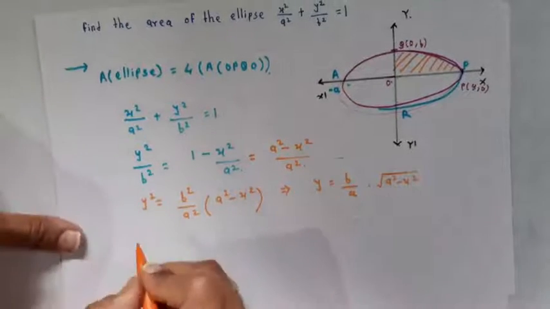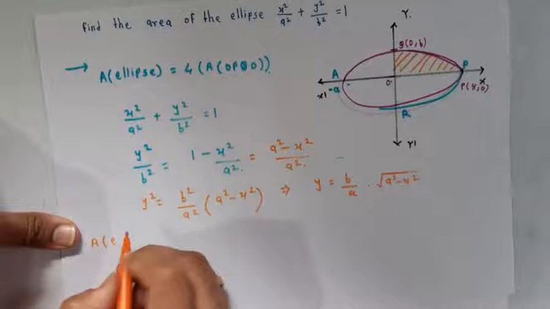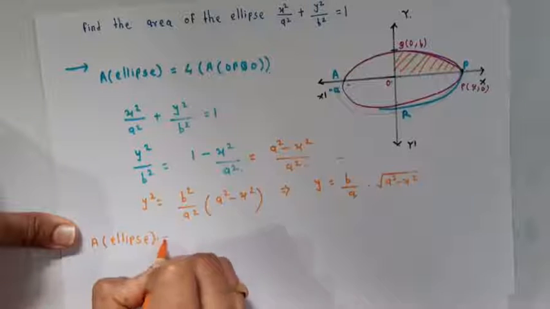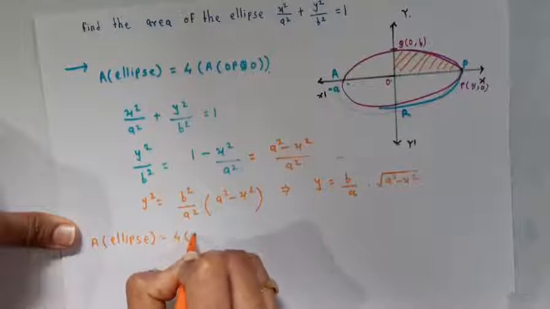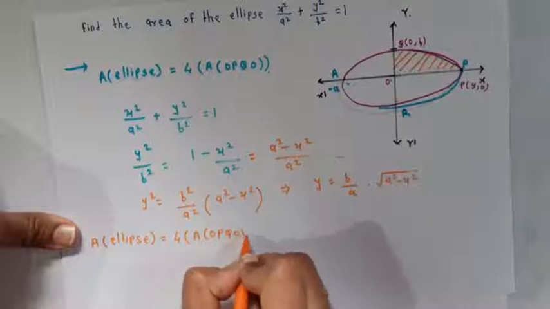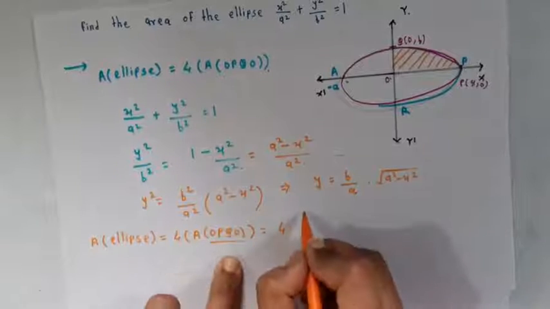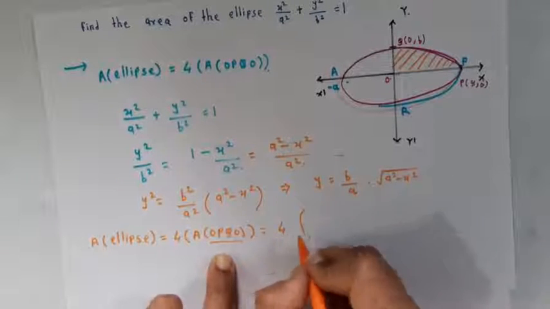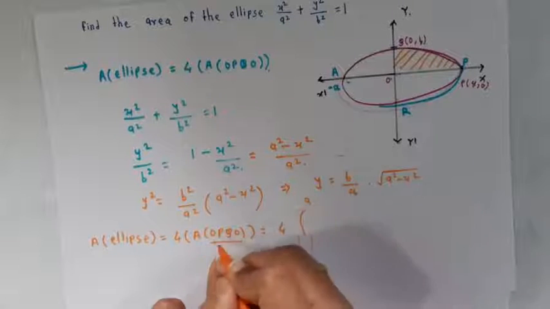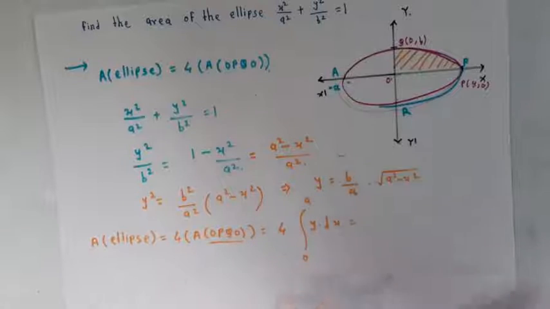Now the area of the ellipse equals 4 times the area of OPQO. This means the integration from 0 to a of y with respect to dx. And what is the y function?